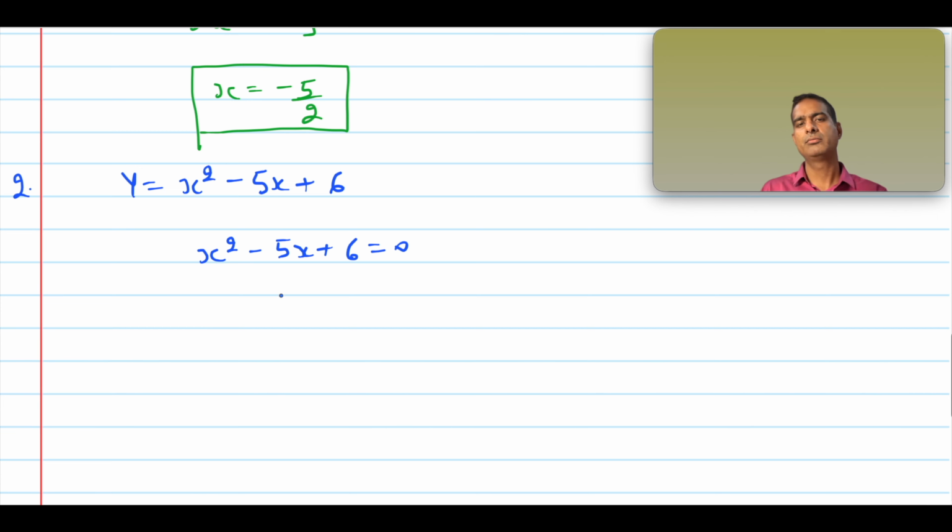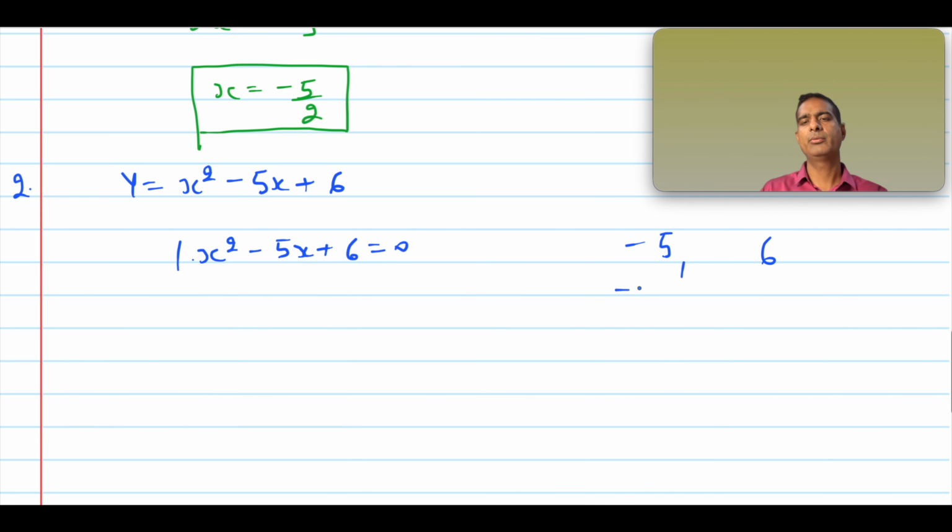Now we can find out its factor by splitting the middle term. And how we split the middle term? Its middle term is negative 5, and product of the coefficient of x square and the constant term is 6. So we have to find out two numbers whose sum is negative 5 and whose product is 6.